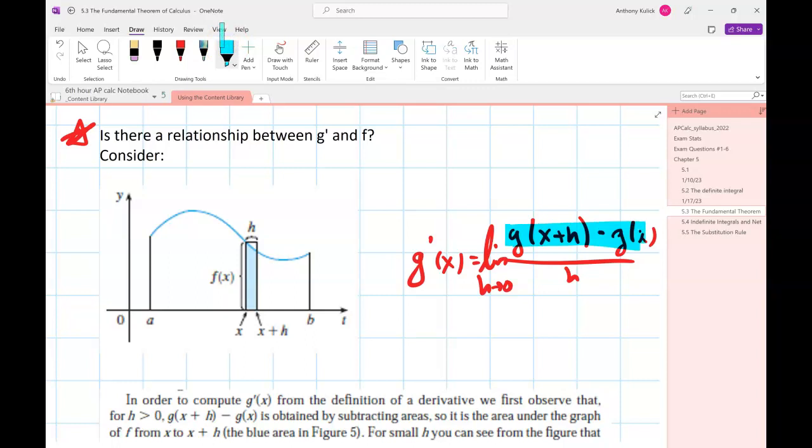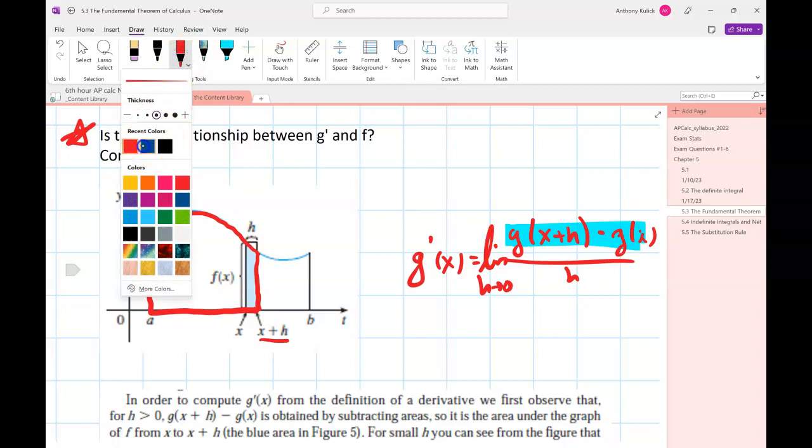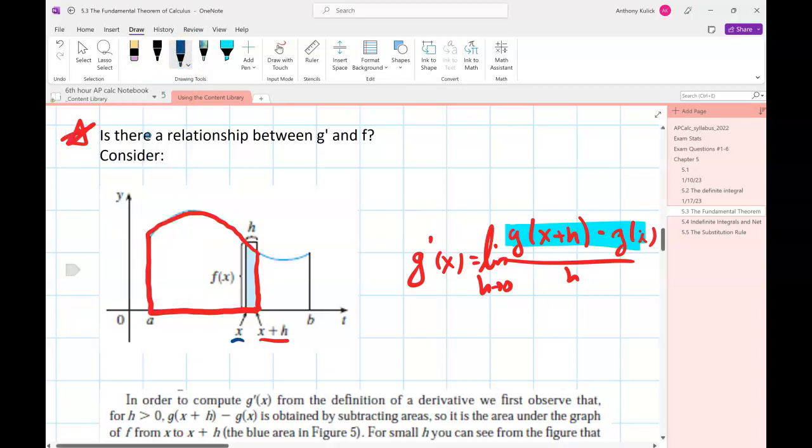Let's look at what this is. G of x plus h minus g of x. So here's x plus h. So g of x plus h would be that area. Everybody agree with that? Here's x, so g of x would be this area.